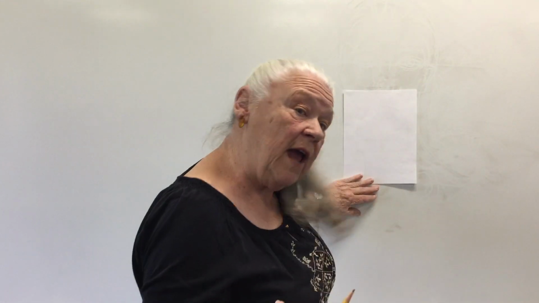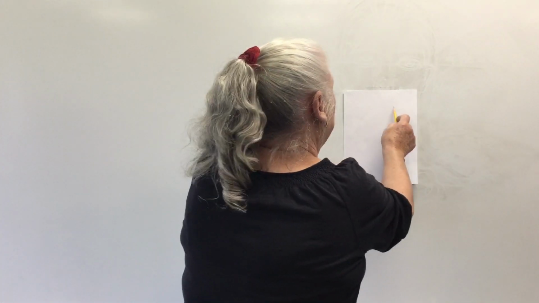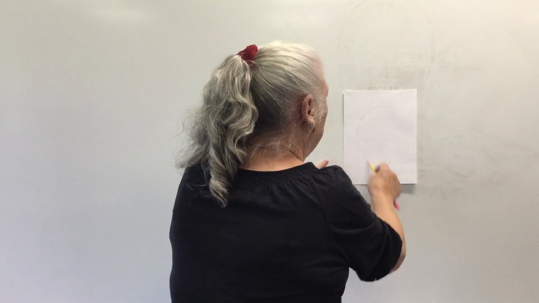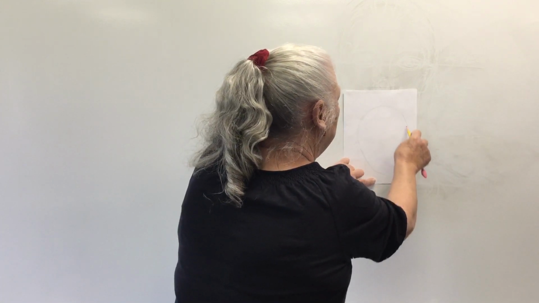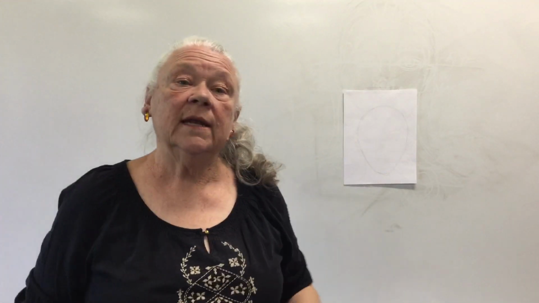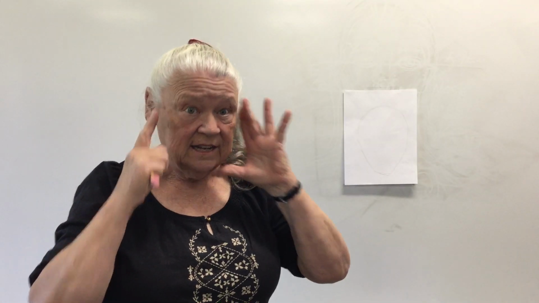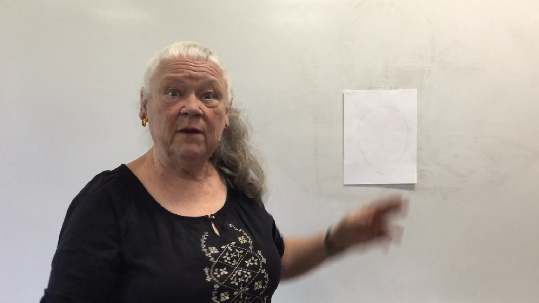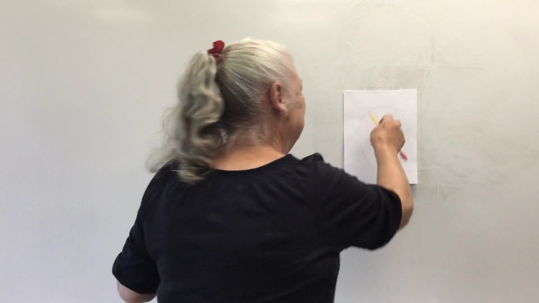Then you can draw. Now when you start out, make sure that you're doing it very lightly, okay? Just to get the shape of the head. Okay. Now when I look into the mirror, I'm going to look at the shape of my head and compare it to this. And I would tell you, mine is much rounder, okay?